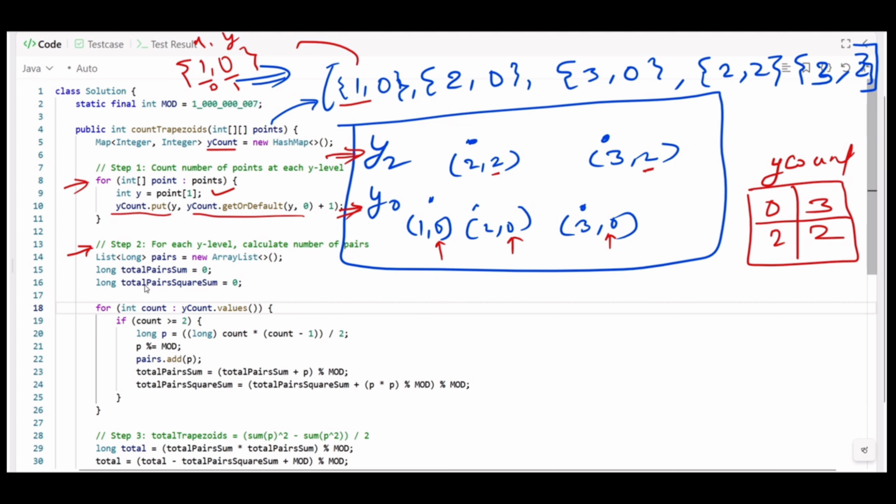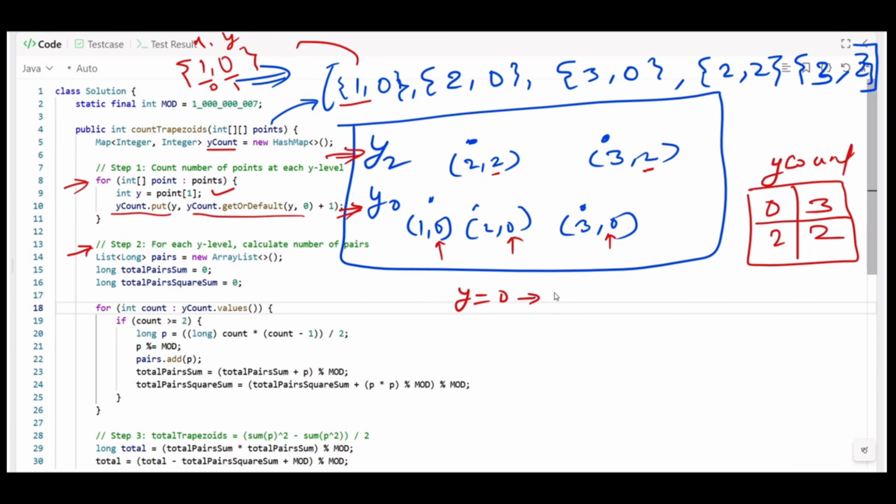So how can we say that? Let's suppose when y is equal to 0, we got 3 points, right? What are the 3 points? 1 0, 2 0, 3 0, right? When y equal to 0 we have 3 points.